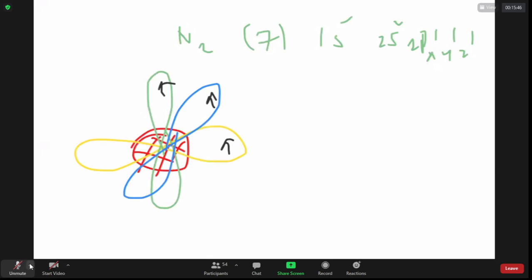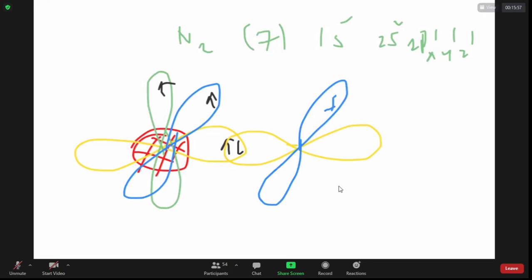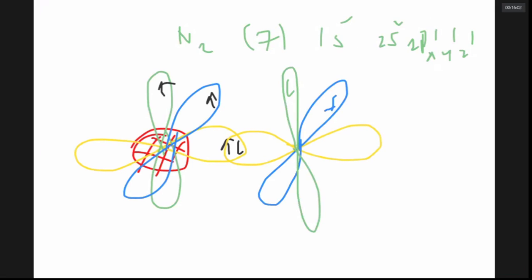Now this is another nitrogen's 2px1, another nitrogen's 2pz1, and another nitrogen's 2py1. The first bond is no doubt a sigma bond.